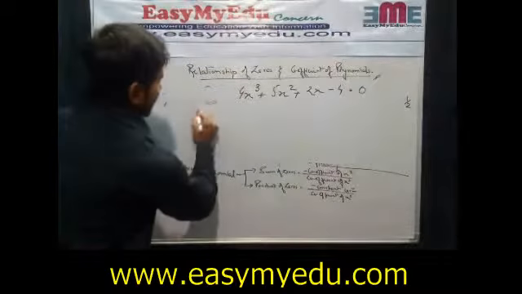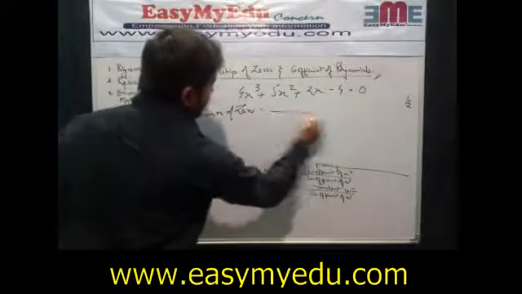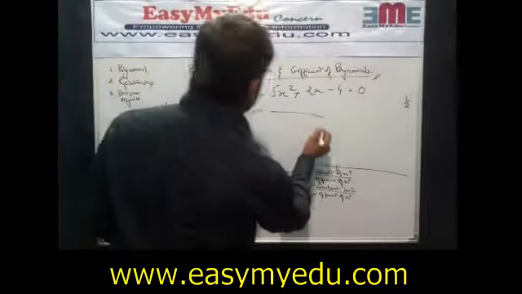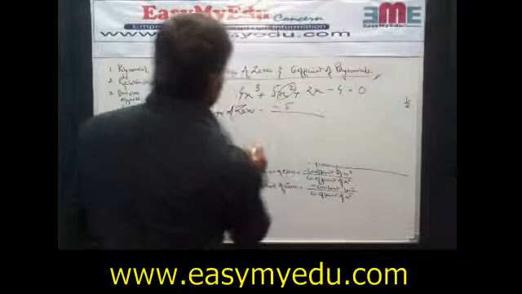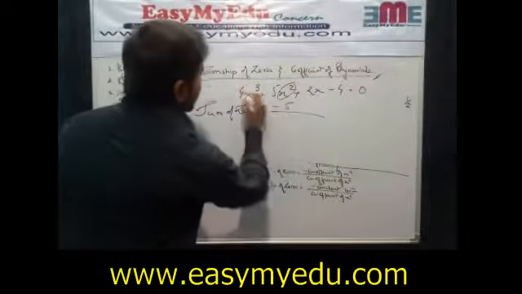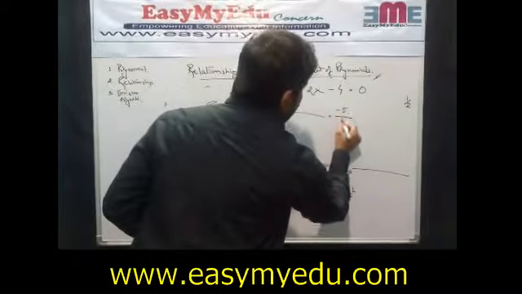So here the sum of the zeros is equal to minus the coefficient of x square, which is 5, by the coefficient of x cube, which is 4. So here comes minus 5 by 4.